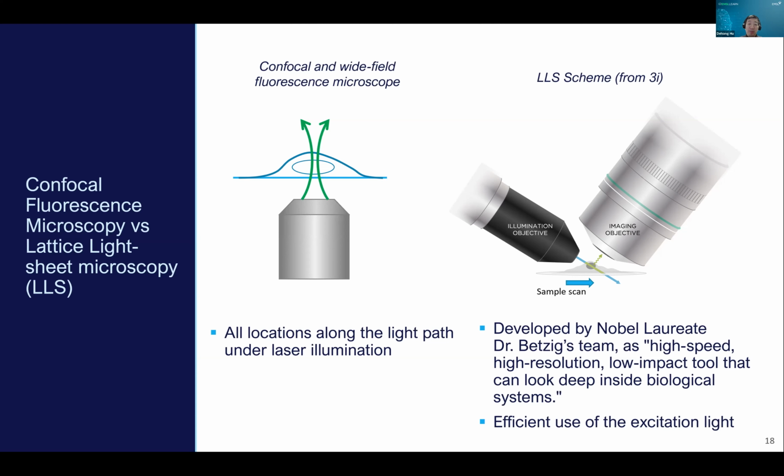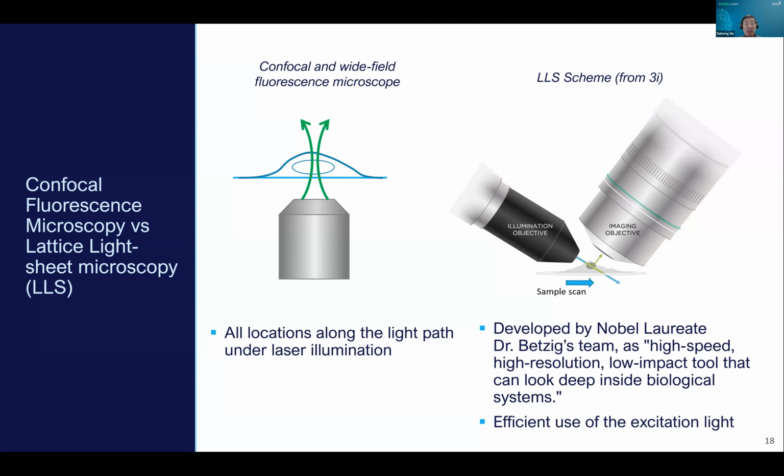For this reason, Nobel Prize winner Dr. Betzig doesn't like the confocal microscope. He wants a high speed, high resolution, low impact method to image deep inside biological systems. So he invented the lattice light sheet microscope. The lattice light sheet microscope uses a different path.